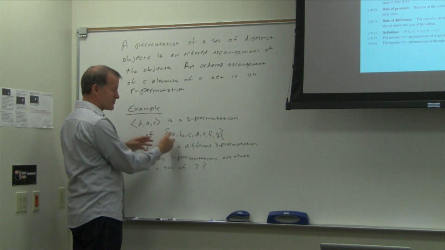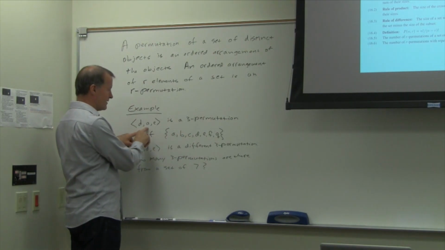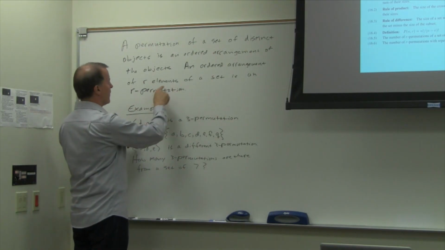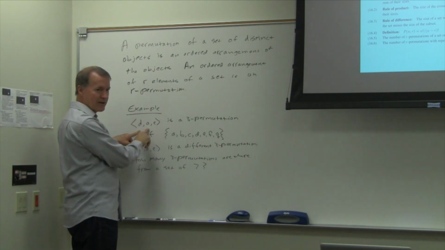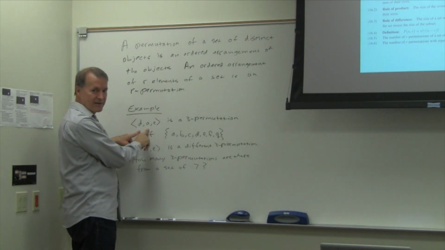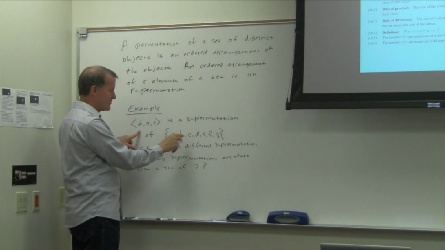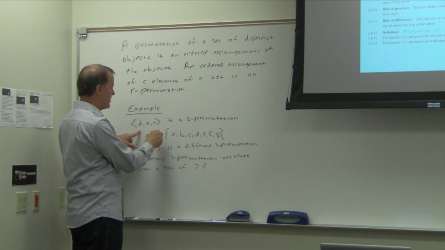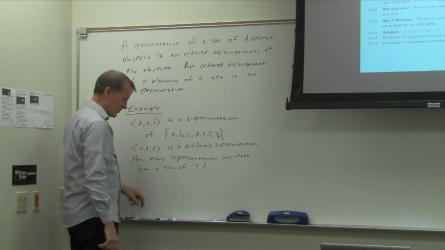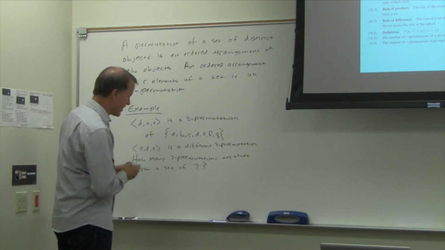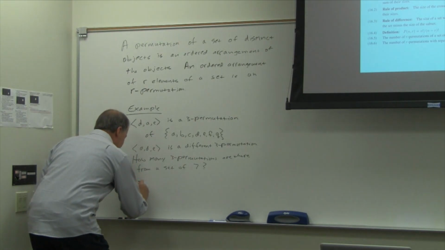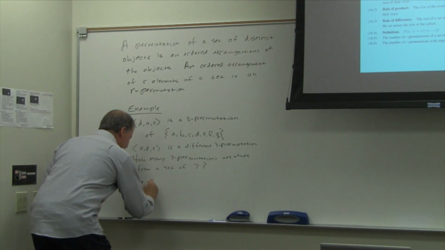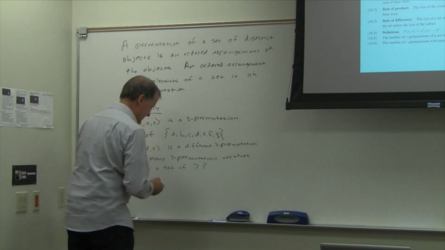There's only 6 left, because it's an ordered arrangement of R elements, so there's no repeating here. But then after you pick the second, how many ways are there to pick the third one? There's 5. Okay, so the answer is 7 times 6 times 5. That's one way to think of it.